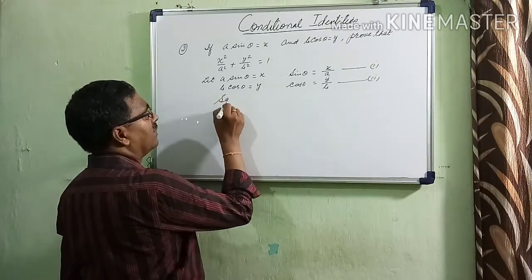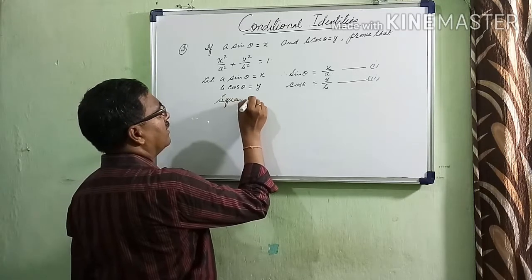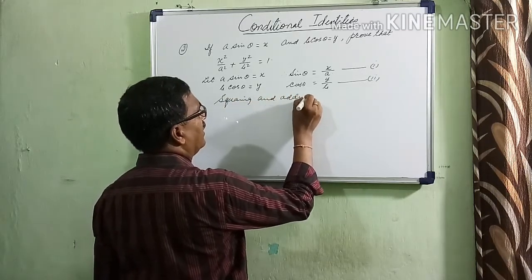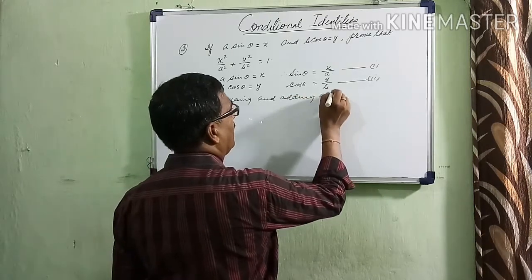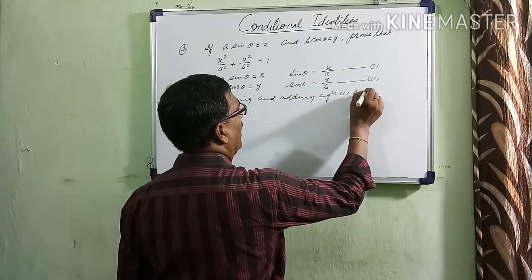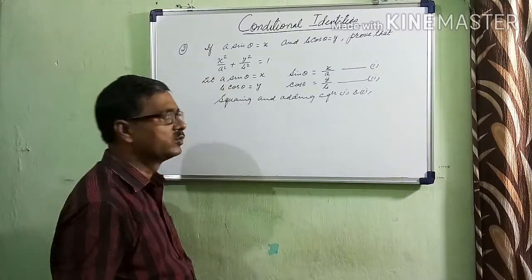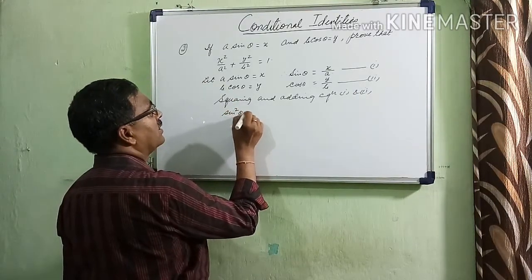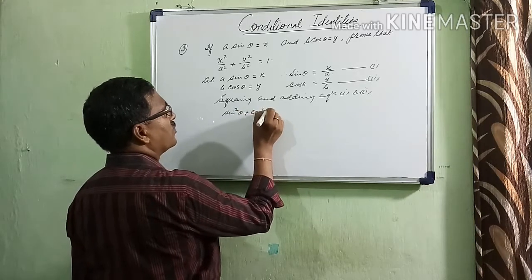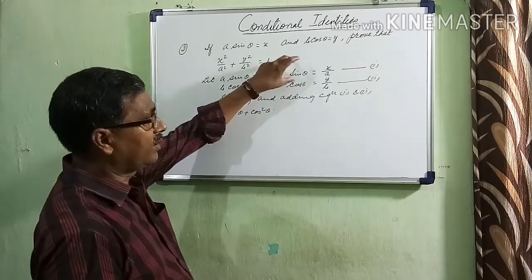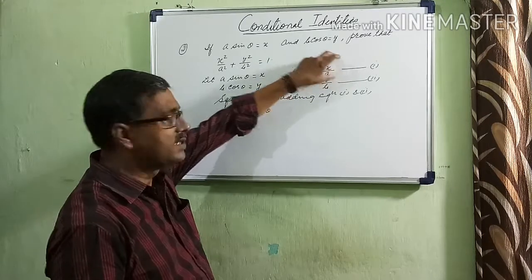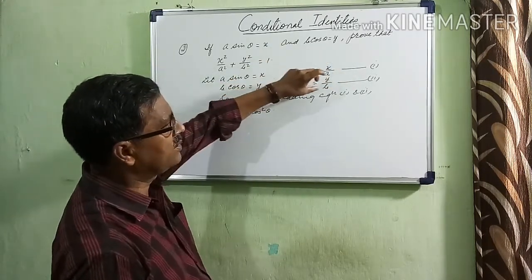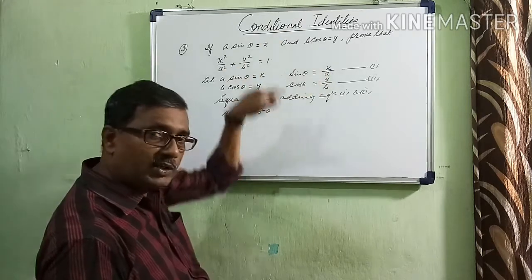Squaring and adding equation 1 and 2. Let us square: sine square theta is equal to x square by a square, cos square theta is equal to y square by b square, and then you have to add.